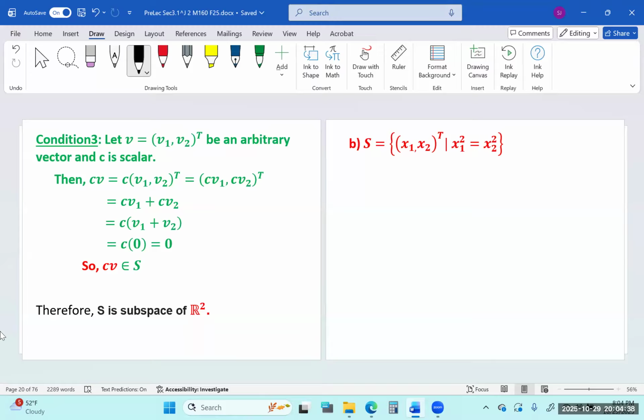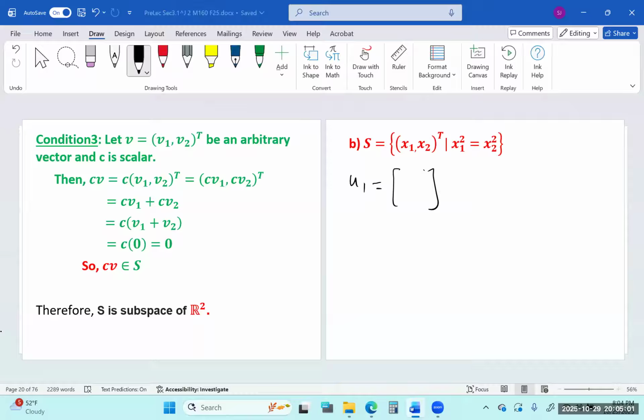It's not empty, it has 0, but it's not closed under addition. What counterexample do you have, Ethan? 2, negative 2. Or no, sorry, 2, 3. But you have to have 2 elements. What 2 elements do you have for E1?